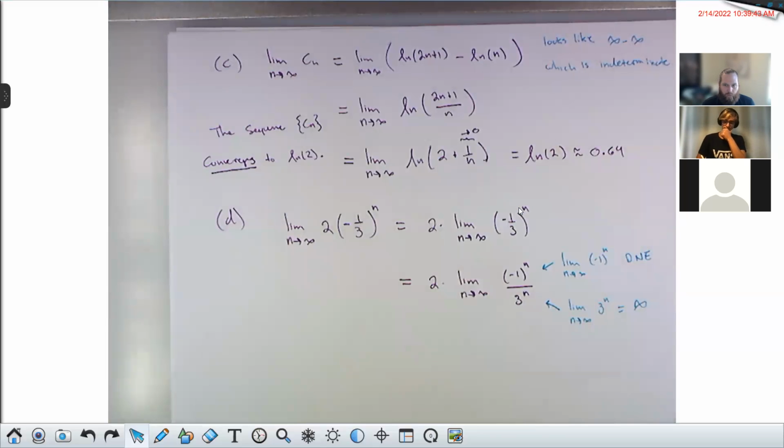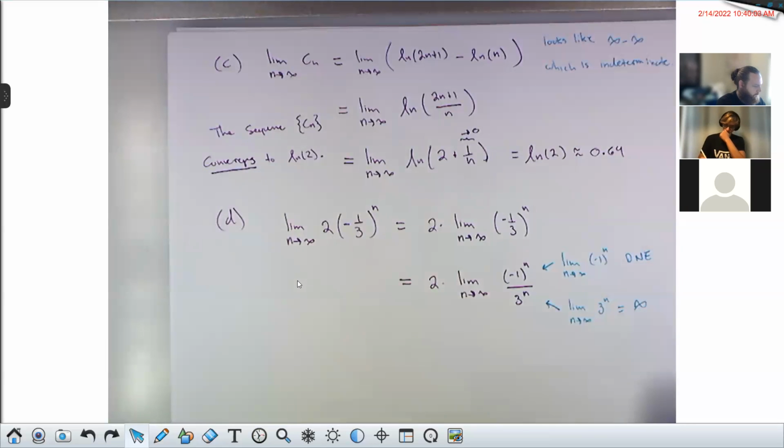The tool you would use if this was a cosine of n or cosine of x over 3 to the x in Calc 1 would be the squeeze theorem. And there is a squeeze theorem for sequences. But because we are out of time here, I'm not going to go through that today.